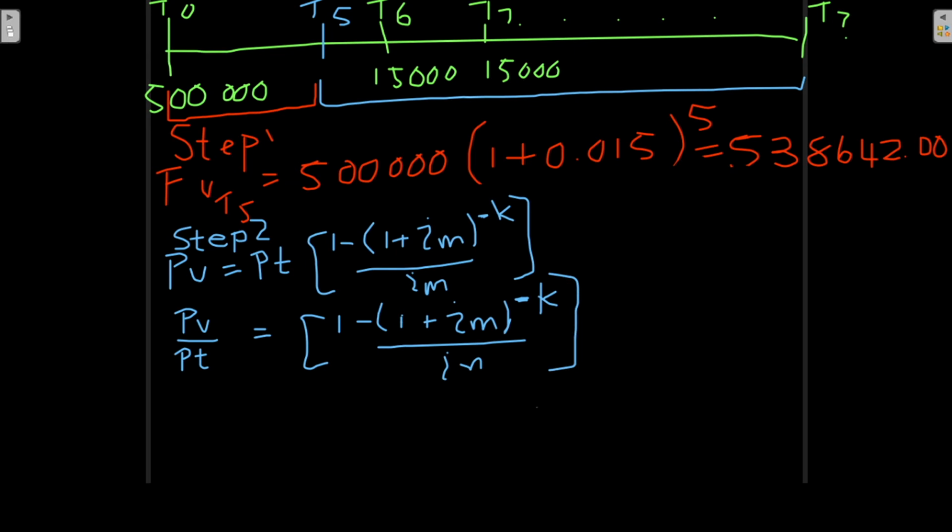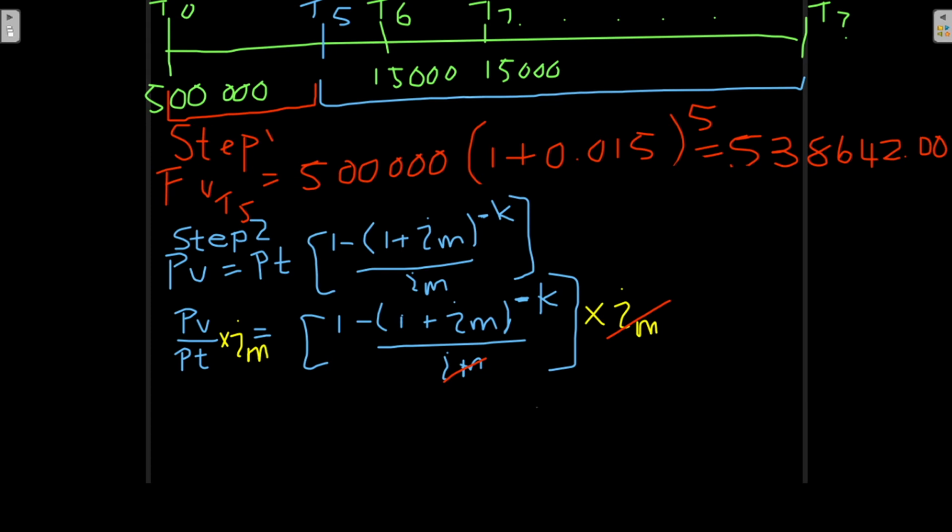Okay, next thing is I would like to get rid of this interest rate below the line. So to get rid of that on the right, I will multiply with the interest rate. So these two will cancel out. And if I do it on the right, then I also have to do it on the left.